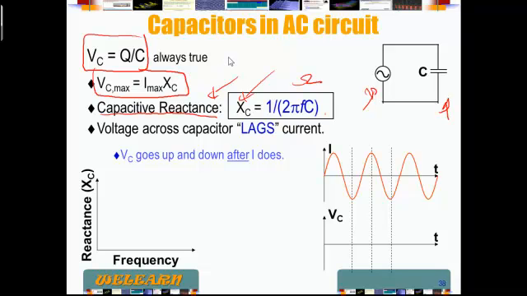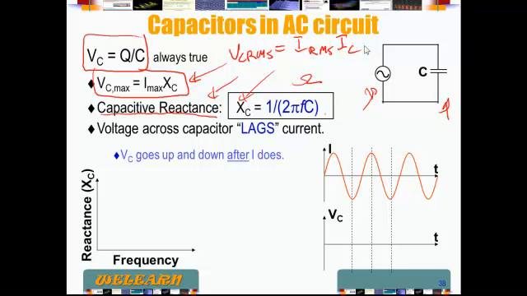Of course, this equation is applicable for RMS values, or in other words, Vc RMS is equal to I RMS Xc. Now, this is where the similarity with the resistances stops.